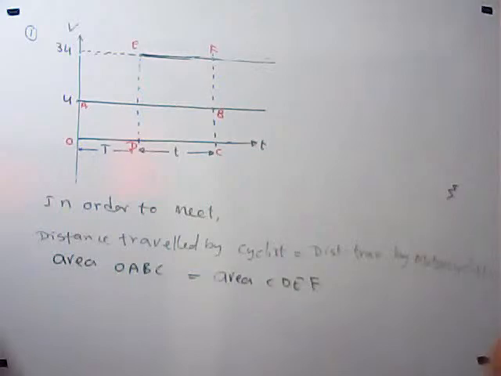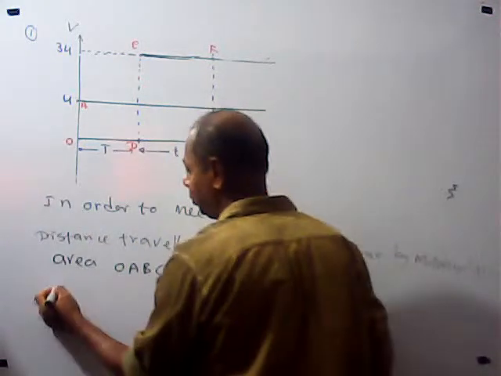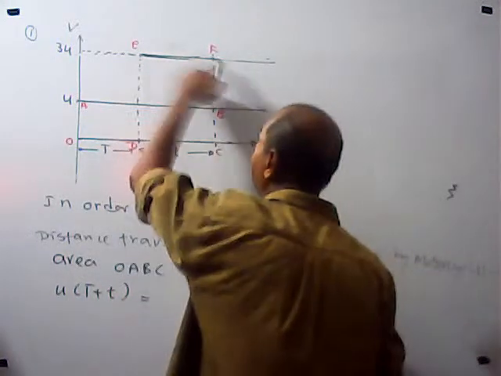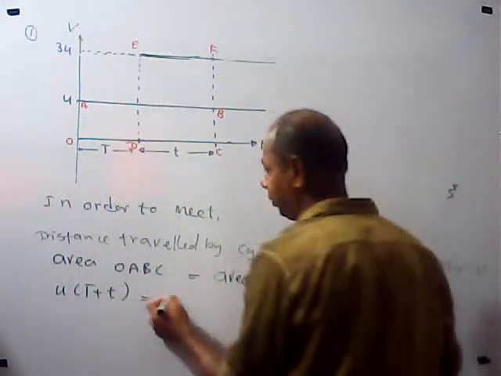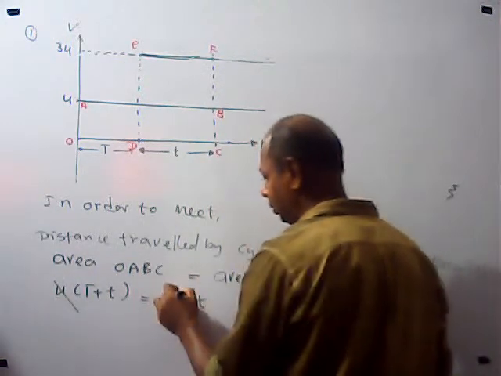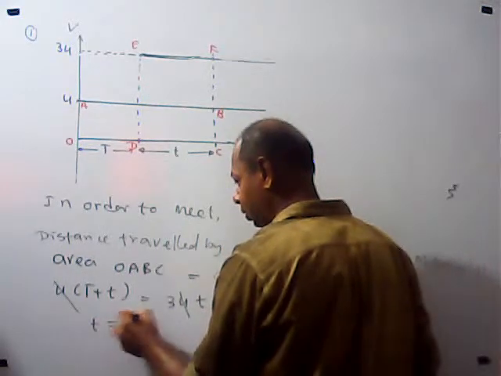Right. So you can easily get it. Area OABC, O limits me, u into T plus T equals, the other area is 3u into T. 3u into T, you get cancelled. You get simple T equals T over 2.